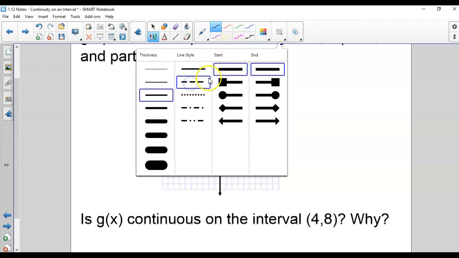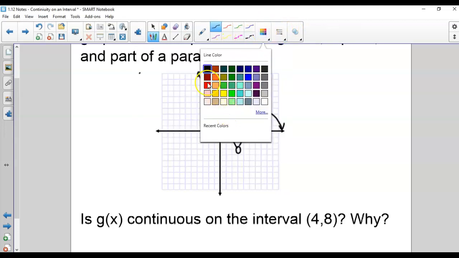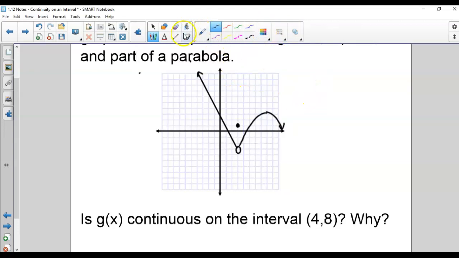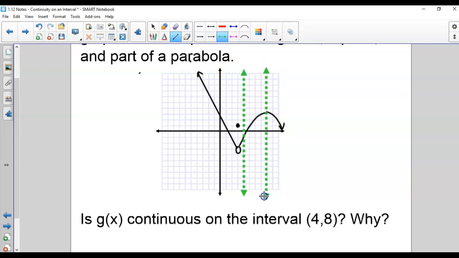So if I put in some dotted lines here, one at 4 and up to 8. So from 4 to 8, Liliana, do we have any discontinuities in that range? We do not. Now, if it had been somewhere else, we would.